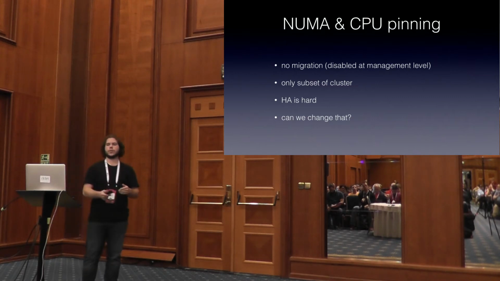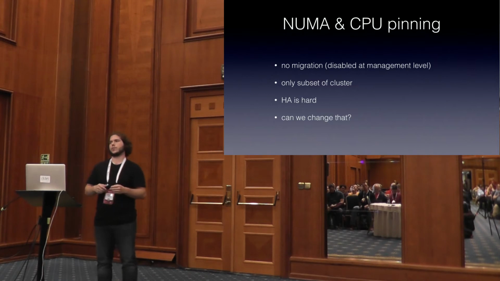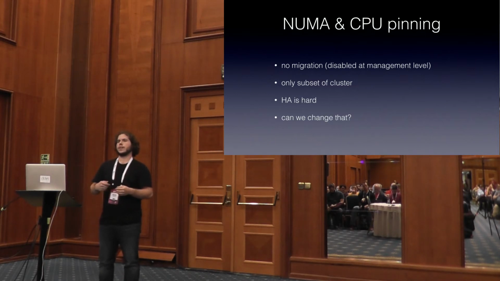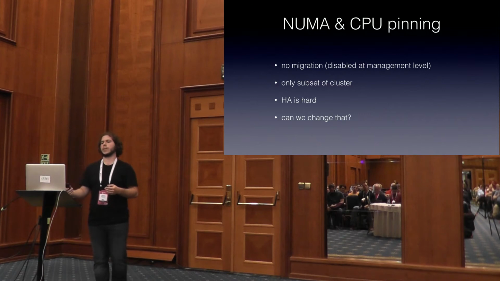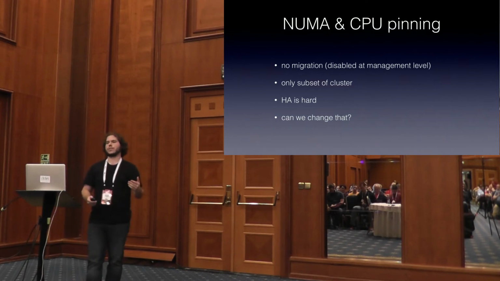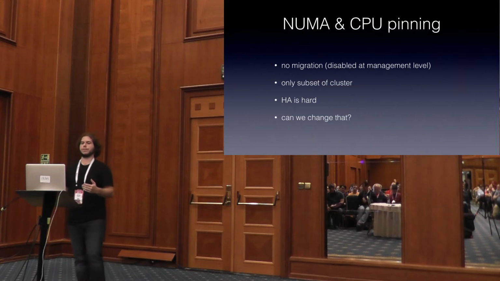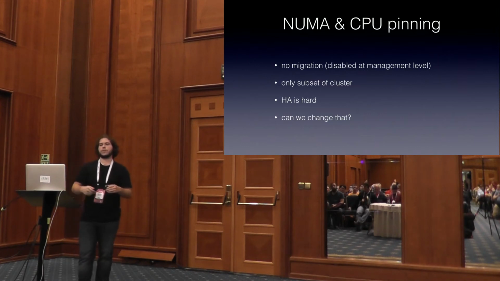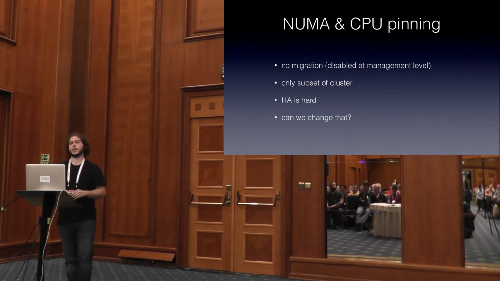Just in short, high availability is you trying to have a VM that has the maximum possible uptime, and if the VM dies, you restart it elsewhere. That's kind of conflicting with the previous point, because now the hosts where the VM can be started are only a subset of the previous set. So we may hit a problem with HA.